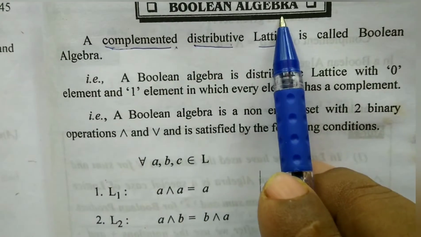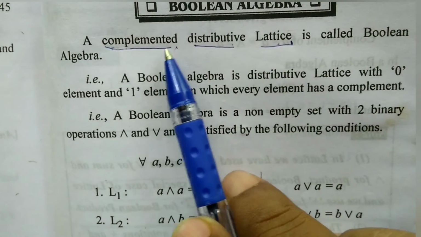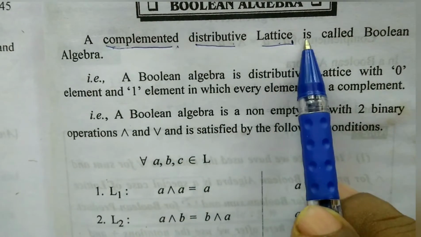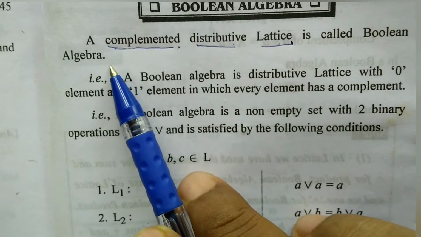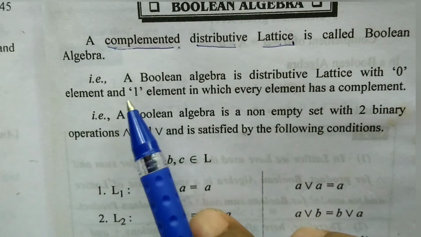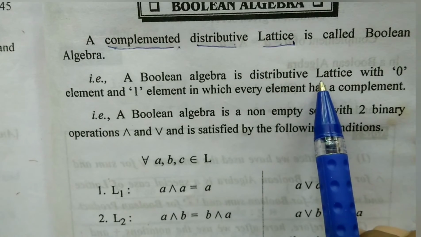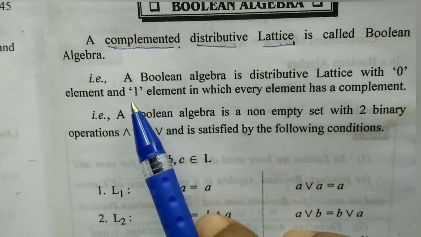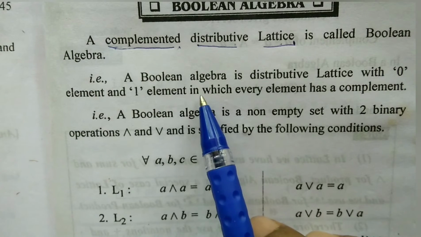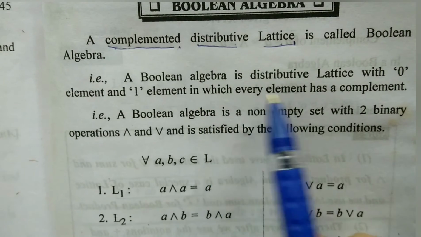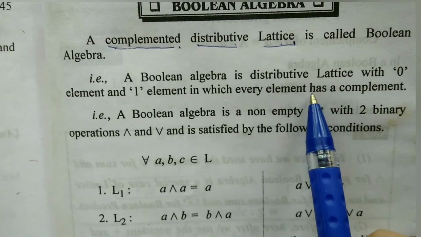Boolean Algebra. A complemented distributive lattice is called Boolean Algebra. That is, a Boolean algebra is a distributive lattice with 0 element and 1 element in which every element has a complement.